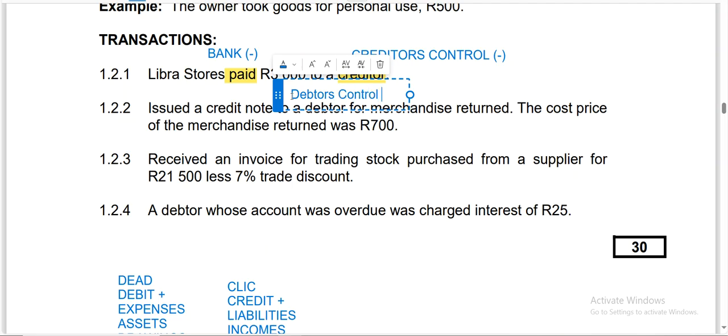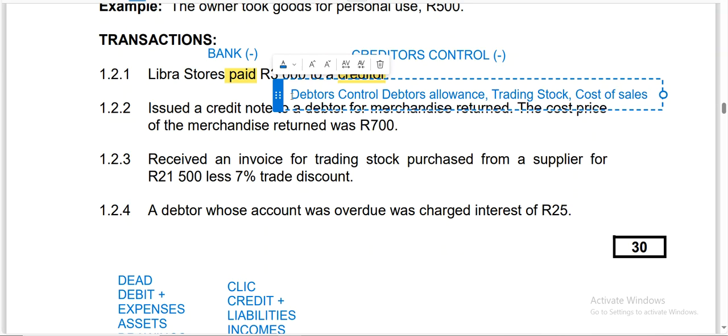Okay, and then the second account that we are going to have is debtors allowance, because a debtor is bringing back goods. Okay, and then next we would also have trading stock, and then the second account is cost of sales with regards to the cost price. So you must identify the account always.